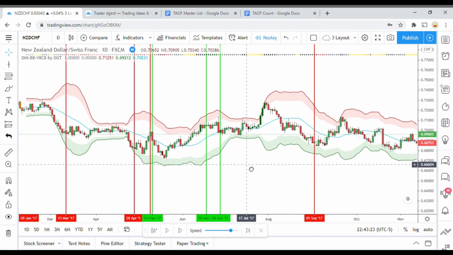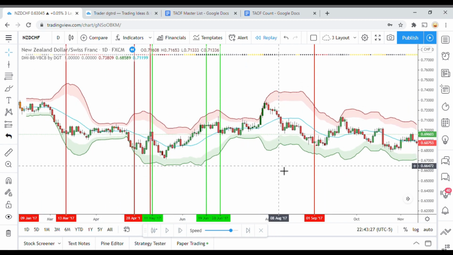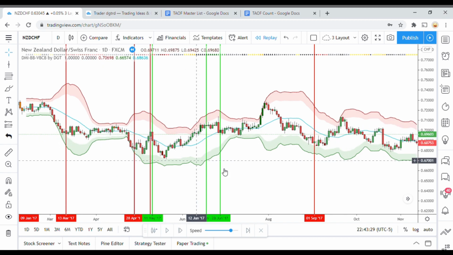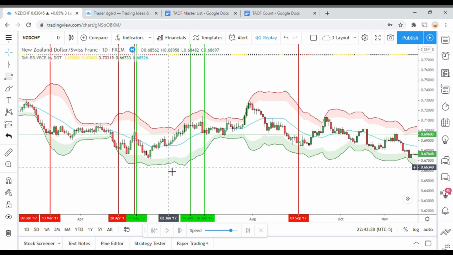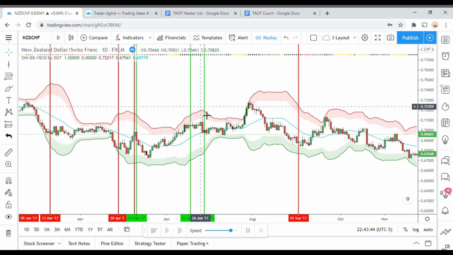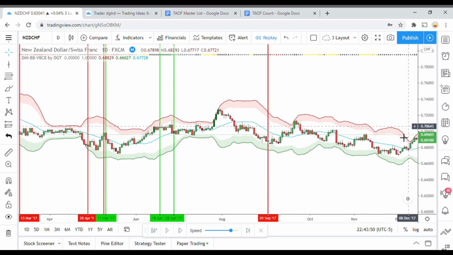I feel like maybe if you reversed the signals, so that when it hits a bearish trend, be on the lookout for signs of a reversal back to the upside, and when it hits a bullish trend, be on the lookout for signs of a reversal back to the downside, it's possible that you could have some better success with it.